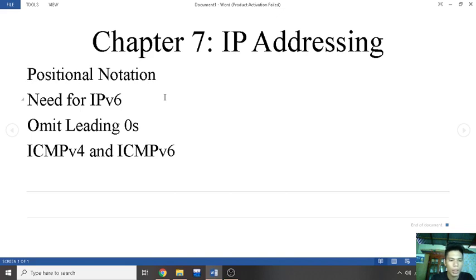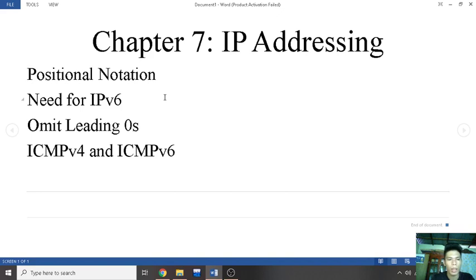Designing, implementing, and managing an effective IP addressing plan ensures that networks can operate effectively and efficiently. This chapter examines the structure of IP addresses and their application to the construction of IP address testing and subnetworks.